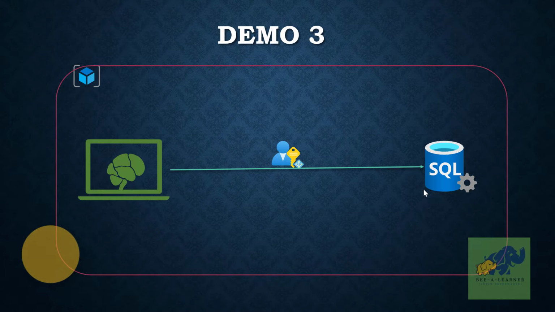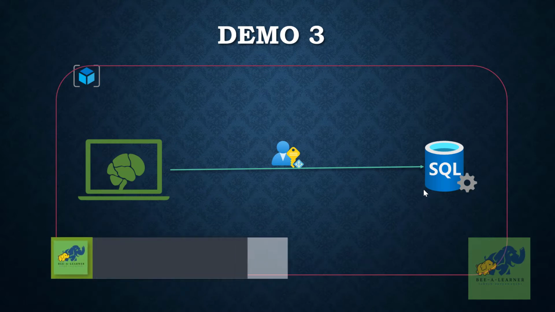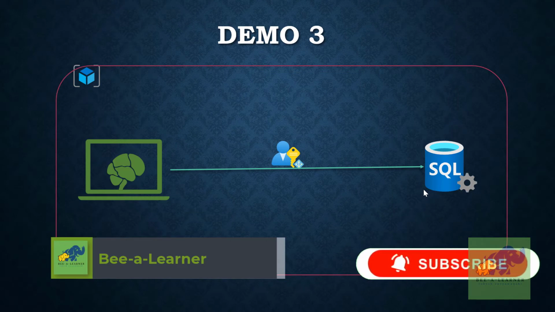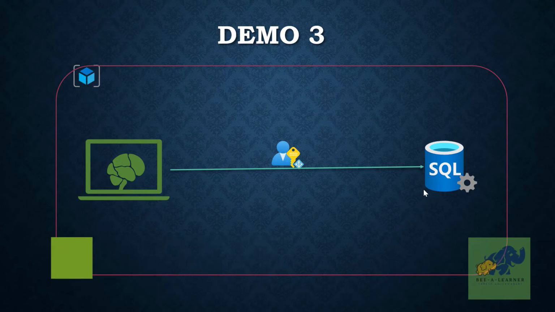In most cases, the developer or the architect designs the application so that, to connect to the application database, you require a connection string which consists of the username and the password.